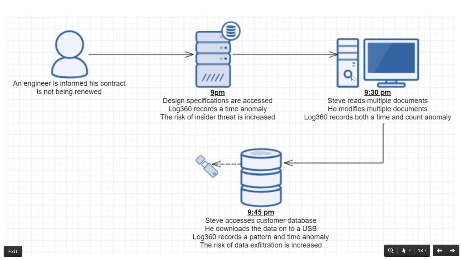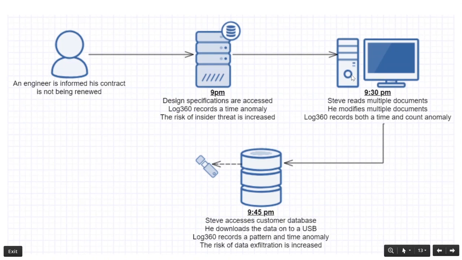Now at 9 p.m. on that day, he goes and accesses design specifications on your server. This is a little suspicious, because maybe this engineer normally works from 9 a.m. to 5 p.m., but he's accessing some data at 9 p.m. at night. I'm not saying it's an attack here, because maybe that day he had to work late, but it's a little suspicious, don't you think?